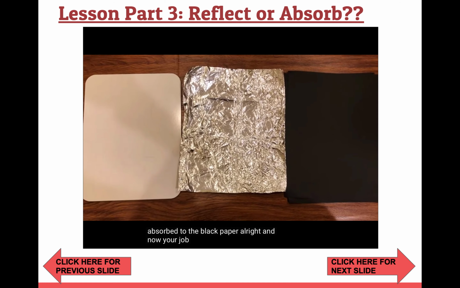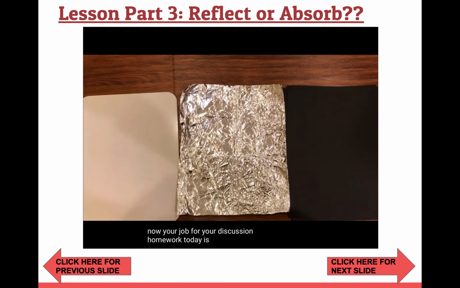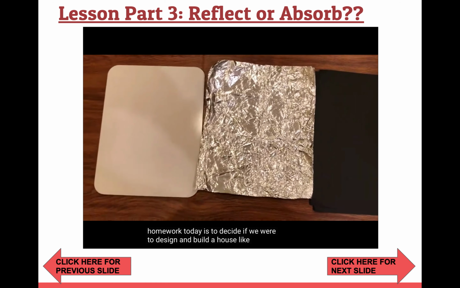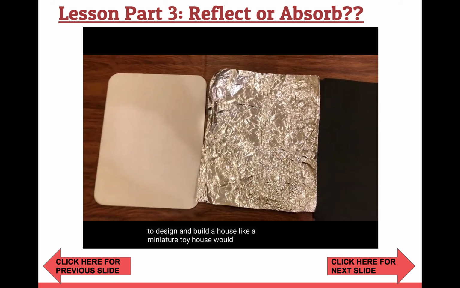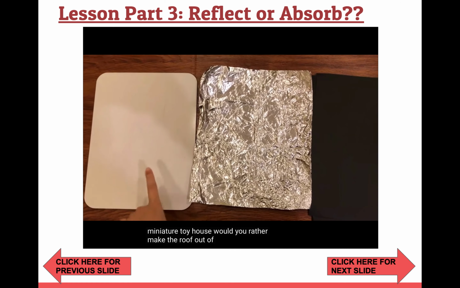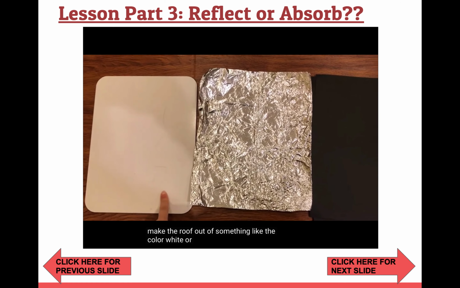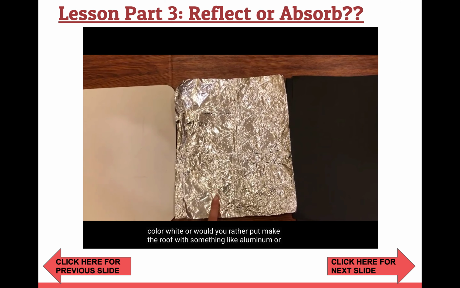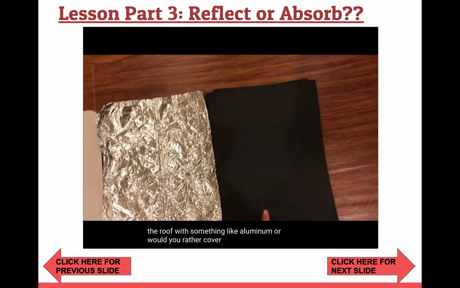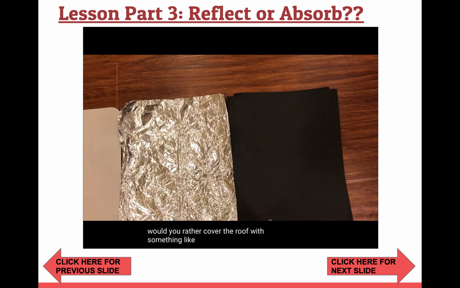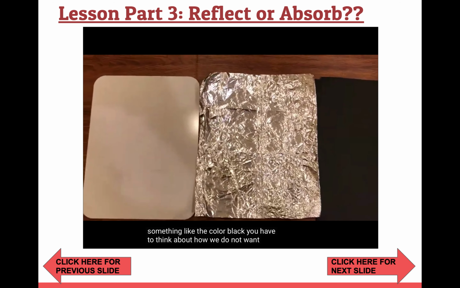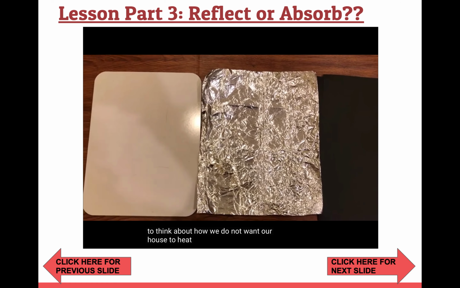All right, and now your job for your discussion homework today is to decide if we were to design and build a house, like a miniature toy house, would you rather make the roof out of something like the color white, or would you rather make the roof with something like aluminum, or would you rather cover the roof with something like the color black? You have to think about how we do not want our house to heat up.